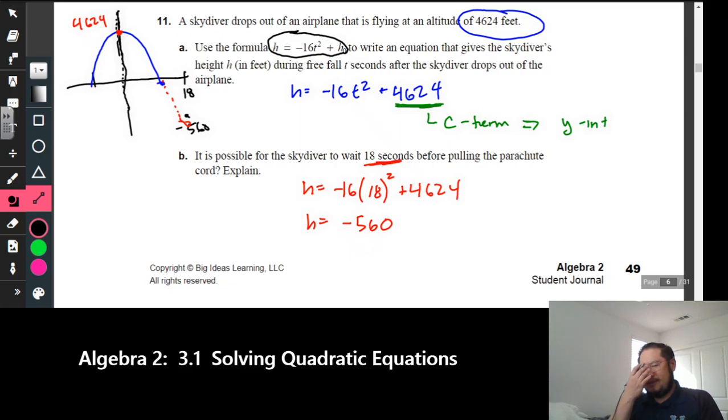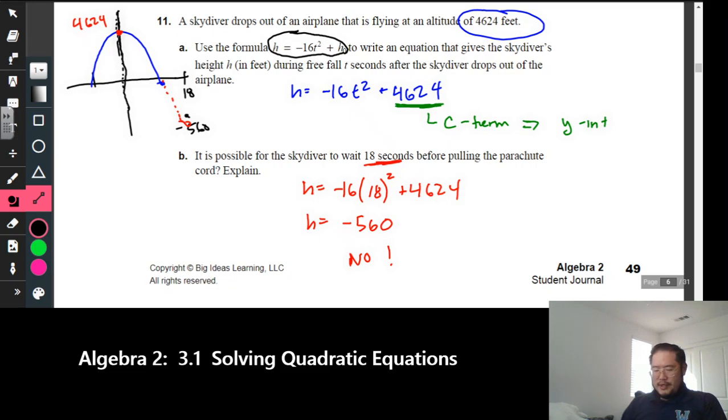So should the person wait 18 seconds? This would be a big no, unless this person wants to be a pancake and a statistic. So this one is no. All right, is it possible? Yes, the person can wait 18 seconds, but by the time that thing deploys, it's going to be bad news.